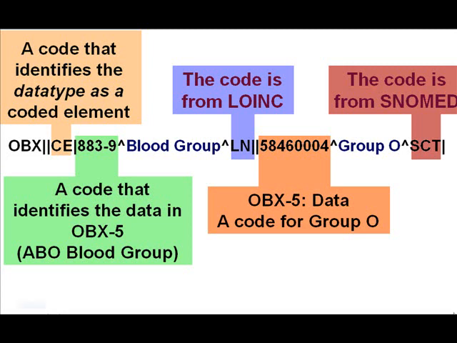But LOINC is trying very hard not to include a list of diagnoses or signs or symptoms or body parts or any of that stuff. Those are all things that we're looking for SNOMED to create and use those values from SNOMED. Whereas over in this space, LOINC wants to be comprehensive and make concept identifiers for everything that could be or should be set up.